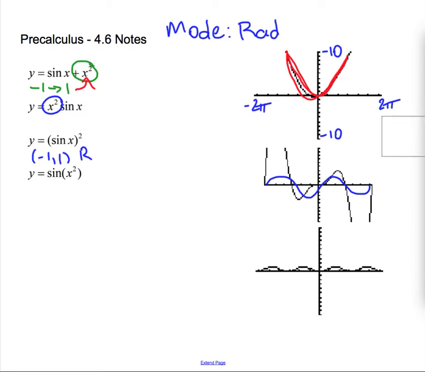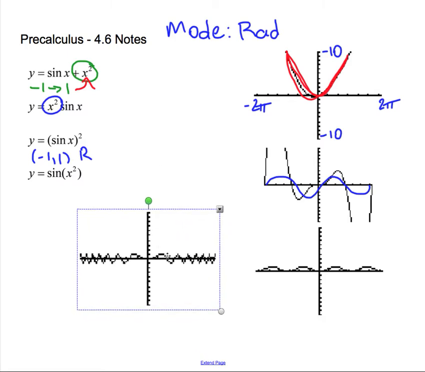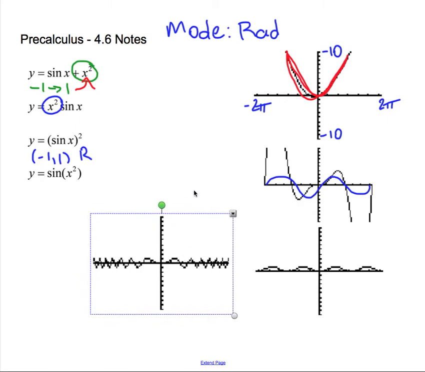This also is an interesting looking graph, where you get a lot of space towards the origin, and the further you get from the origin, the more oscillating back and forth you have. Right here, lots of space, but over here on the edges, lots of oscillation, and that's what happens when you start squaring these numbers inside.